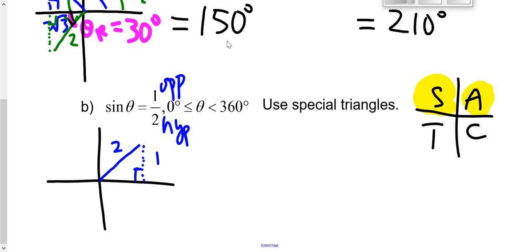What do I mean by special triangles? The 90, 45, 45, and then the 90, 60, 30. So if you look at this, which one is this? Because we don't know what angle we're dealing with. We know for sure this is 90. Is it going to be 45, 45, or is it going to be 60, 30, or 30, 60?